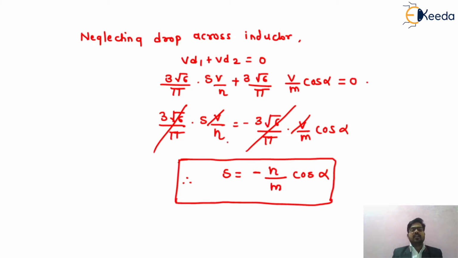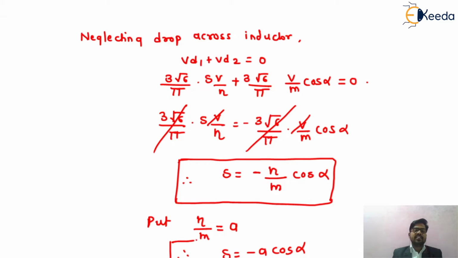Now friends, for the sake of understanding, we can put the ratio of the stator to rotor turns ratio and the source side transformer turns ratio, we can substitute N by M is equal to a. So we get one important equation in concern with your slip, that is S is equal to minus a cos alpha.